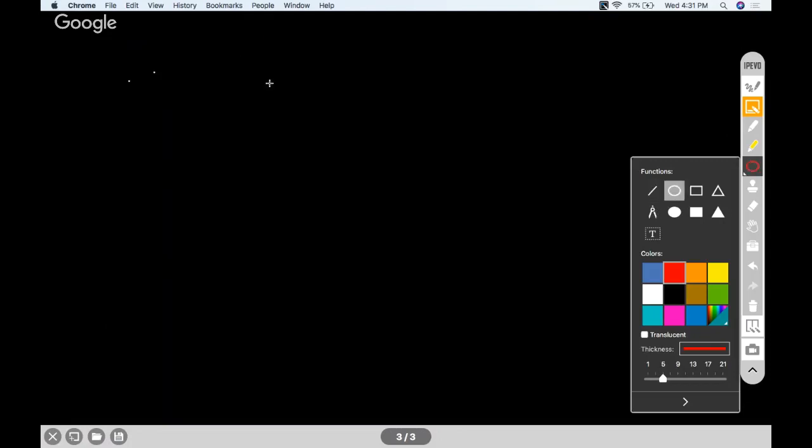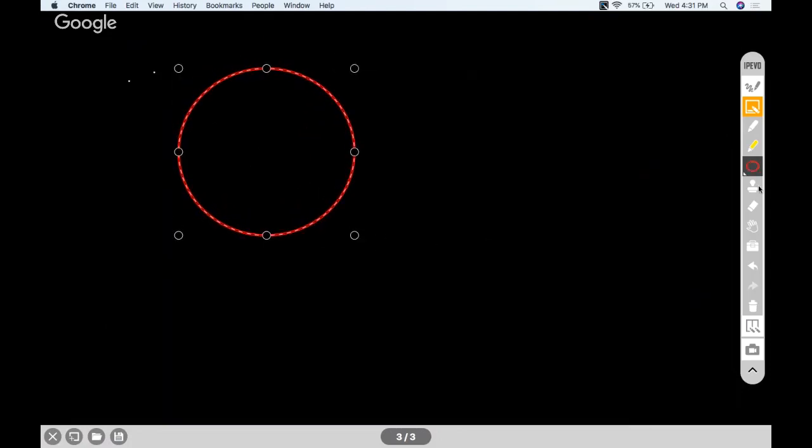So there is a sector of a circle. Let me just draw it out. So here's the first question for you. There's a sector of a circle.